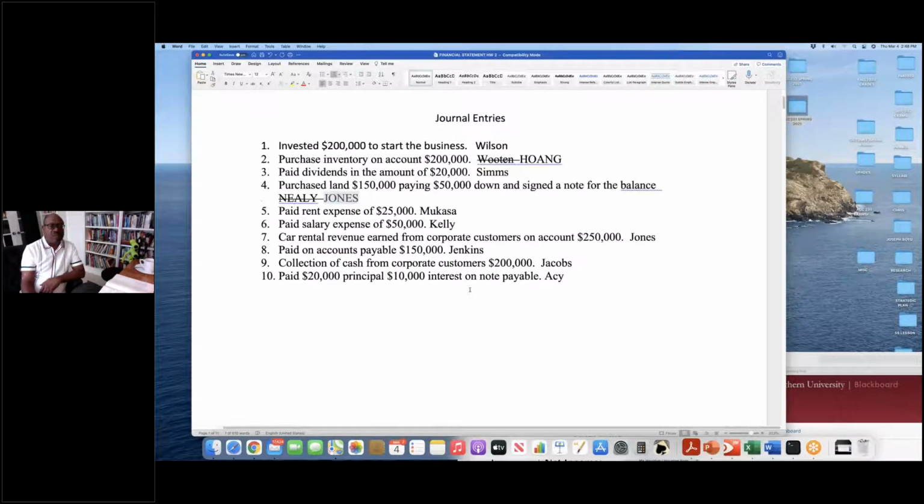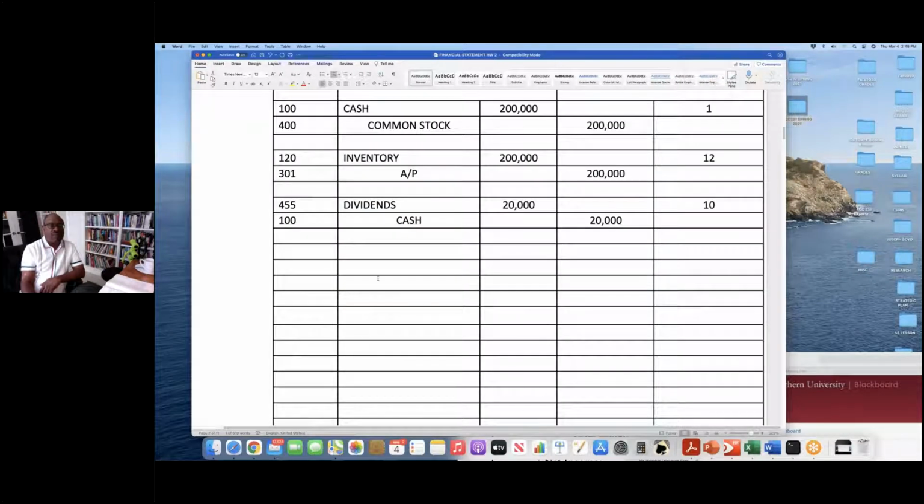Cash 50,000, and then note payable 100,000, and it'll be 7 and 12. Okay, so we have land, we have cash, note payable. The land was 150, with 100,000 note payable and cash 50,000.